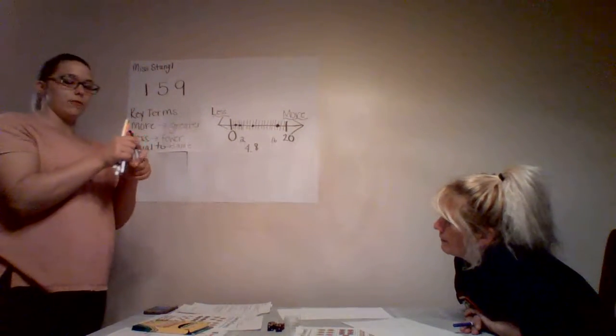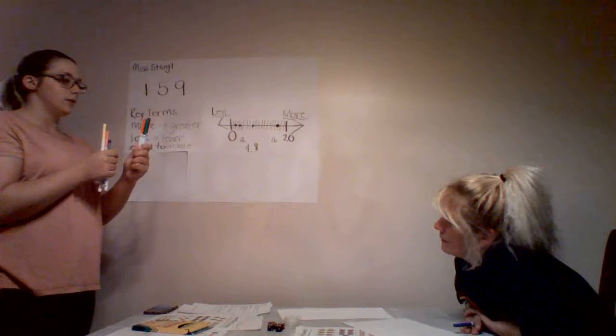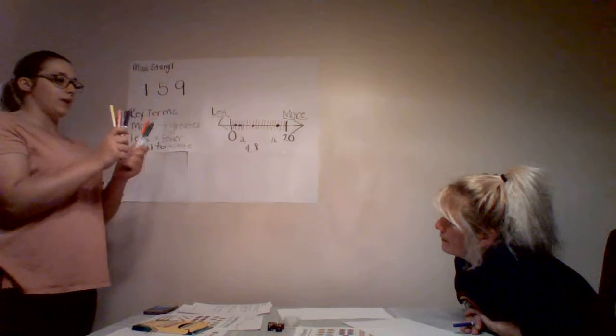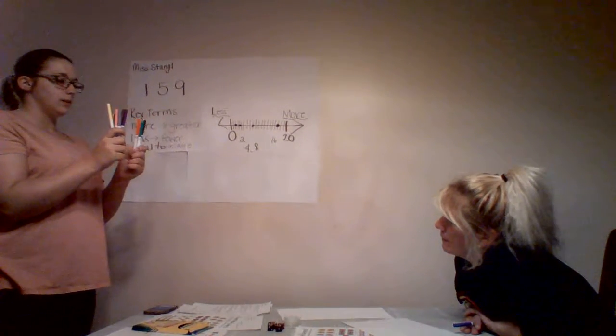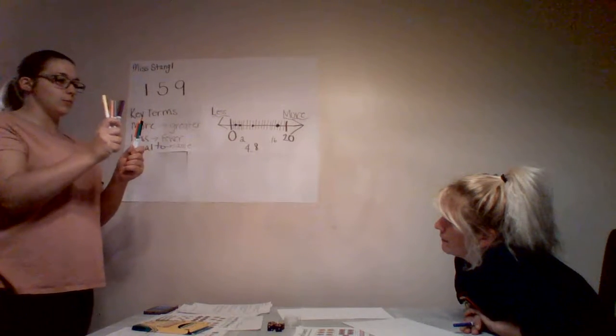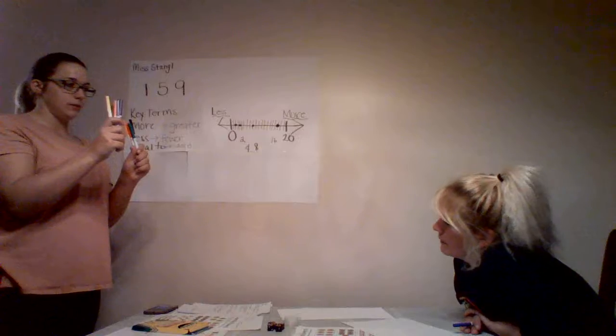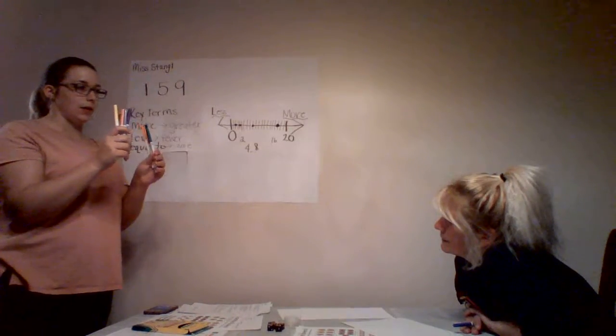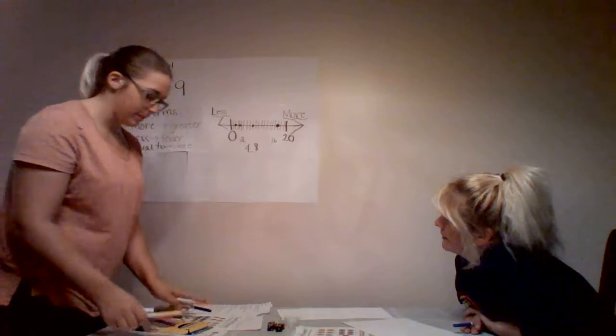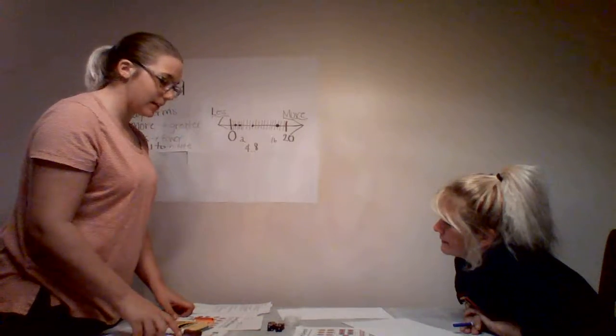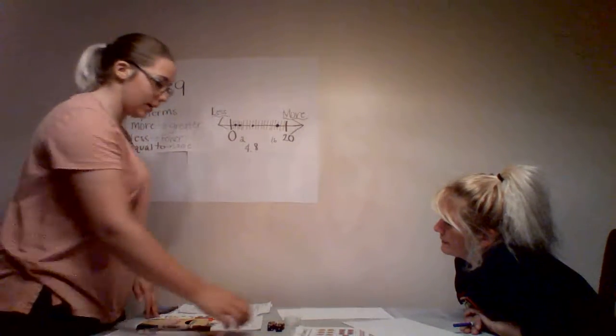So here we have 4 markers, and then in this hand we have 8 markers. You can see that 8 is more than 4 because it's a bigger amount. Okay. Do you understand that now? Yes. Okay.